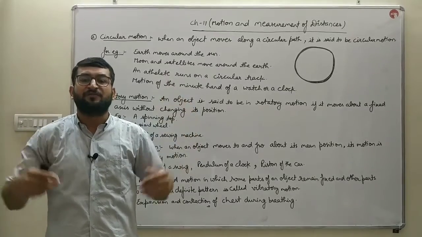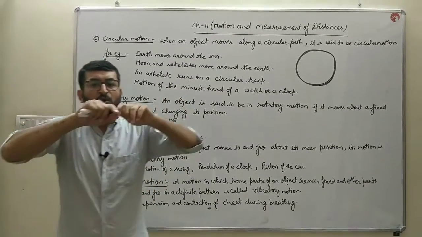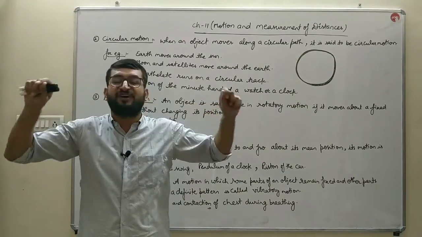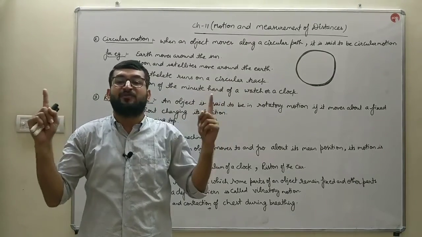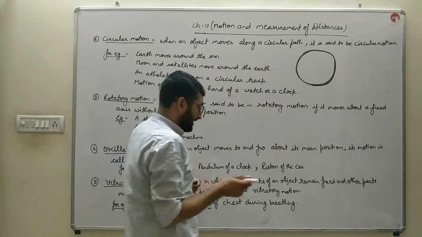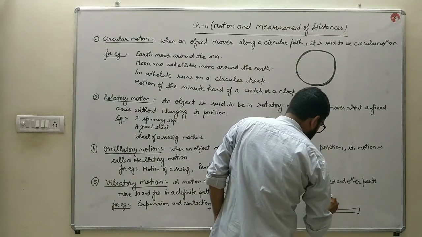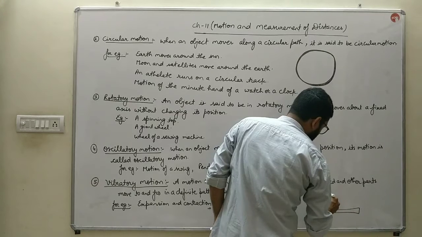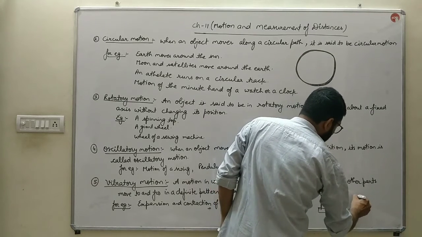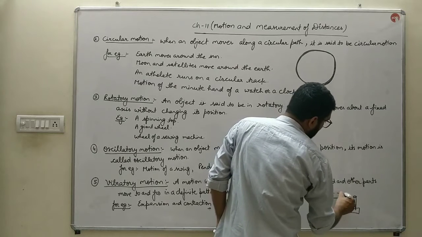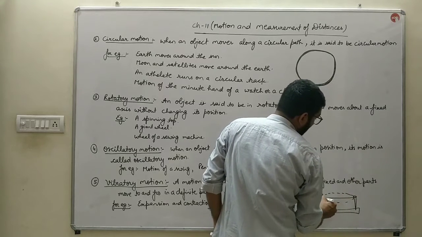For example, if you hold a steel string or a fine wire string with the help of iron nails, like this. Suppose this is a cardboard. Over this, fix two nails, iron nails, and then this string is allowed to move back and forth or to and fro.